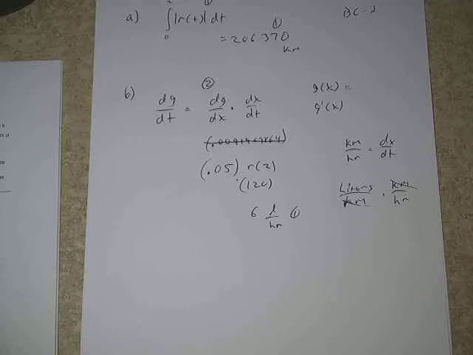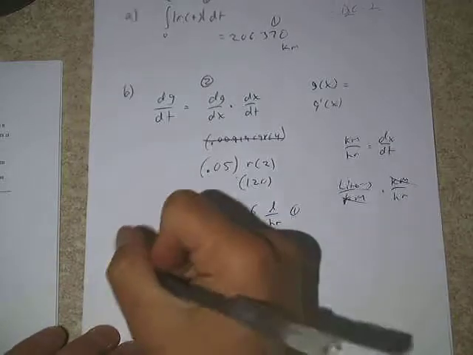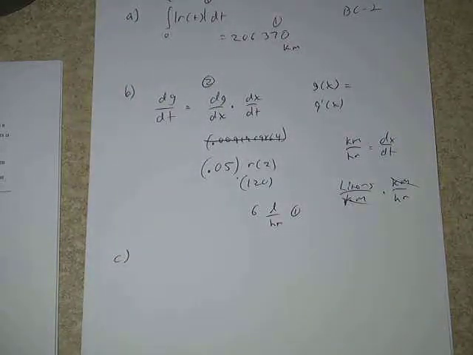So there's an alternative way to do the actual work there, but this way it's just as easy. The chain rule part, getting the actual sentence, was worth 2, and the answer with units worth another point. Any questions on part B so far?